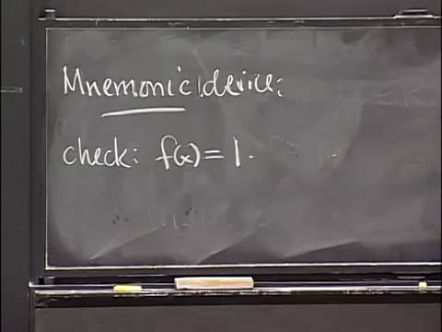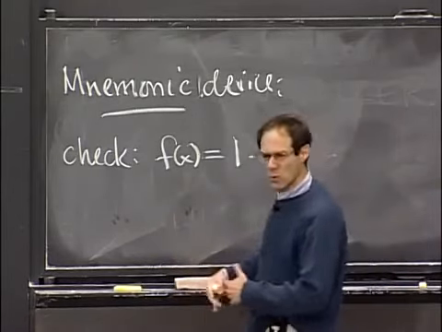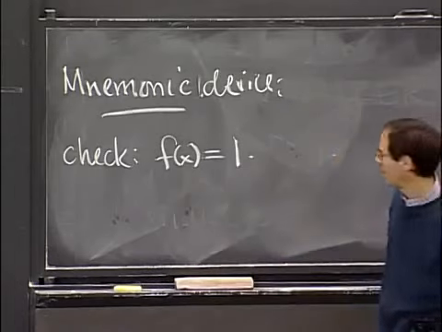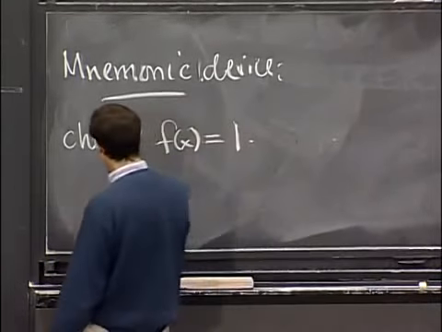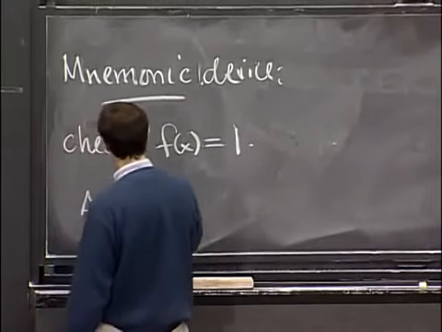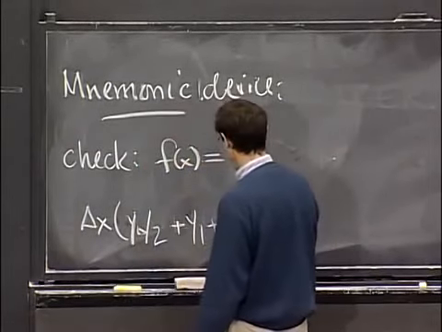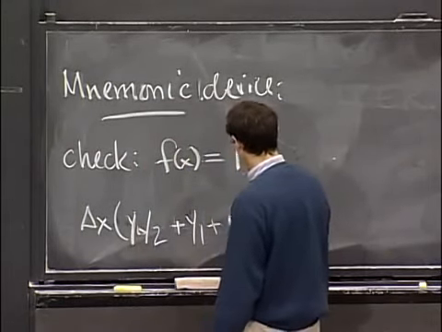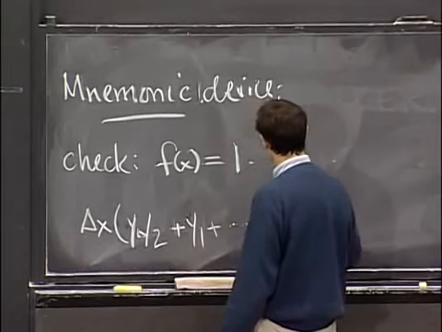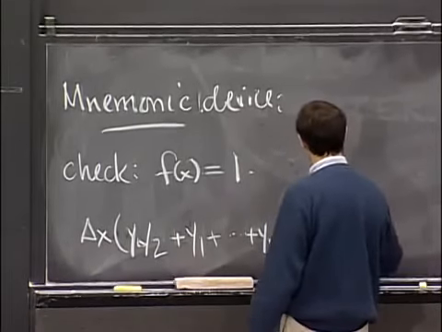It seems very modest, but if it doesn't give you the exact answer for f of x equals 1, you've got the wrong weightings. And here, if you check out what happens in the first formula, y0 over 2 plus y1 plus, well, we'll go all the way to y n minus 1 plus yn over 2.